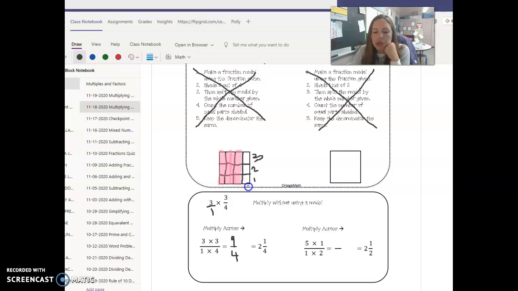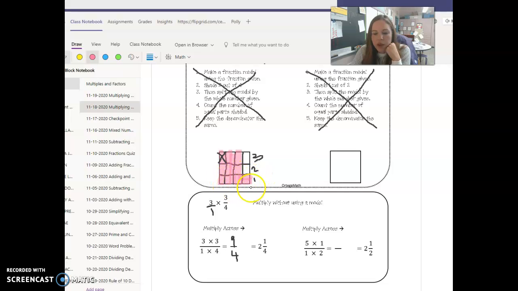Well, go back up to our model, and remember we have 3 equal groups. We have 1 row, 2 rows, 3 rows. Well, if we wanted to turn our fraction into whole numbers, what we could do is take this fourth on the 3rd row here and highlight this last fourth.